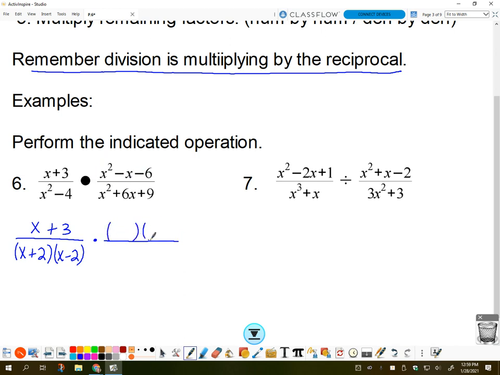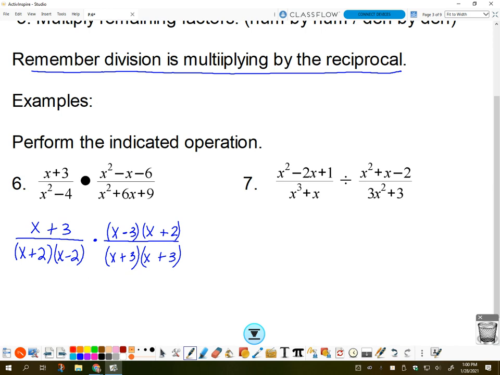That's a trinomial, so we're going to try to get 2 binomials. We know we need an x and an x. Probably a 3 and a 2. We want a negative in the middle, so negative 3, positive 2. For this guy, again, it's a trinomial, so we need 2 little binomials. We want an x and an x, and probably a plus 3, plus 3.